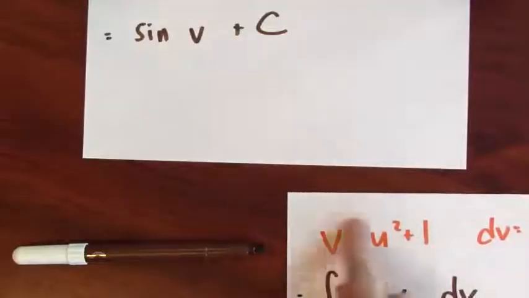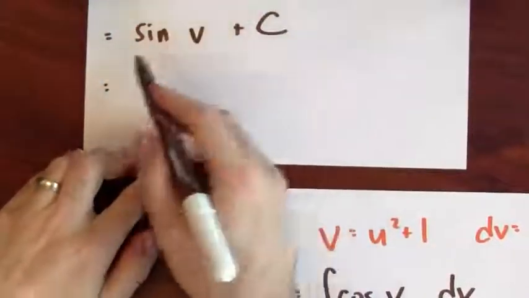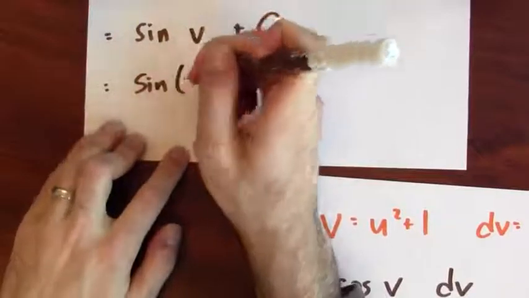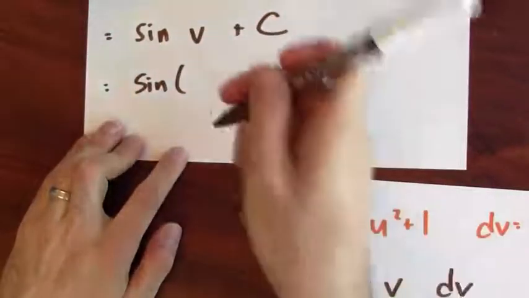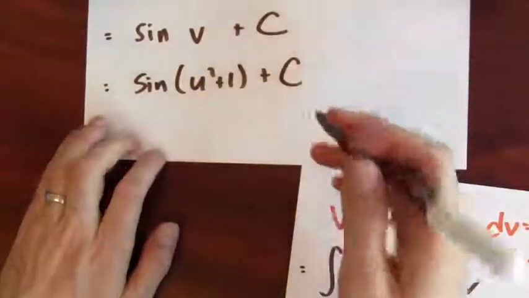But probably the grader is not going to be too impressed with me if I express my answer in terms of a substitution that I just made up. I shouldn't write down the answer in terms of v, I should be writing down the answer in terms of x. I remember from before that v is u squared plus 1, so I can substitute that in here, and instead of writing down sine of v plus c, I'll write down sine of u squared plus 1, and then I'll include that plus c.